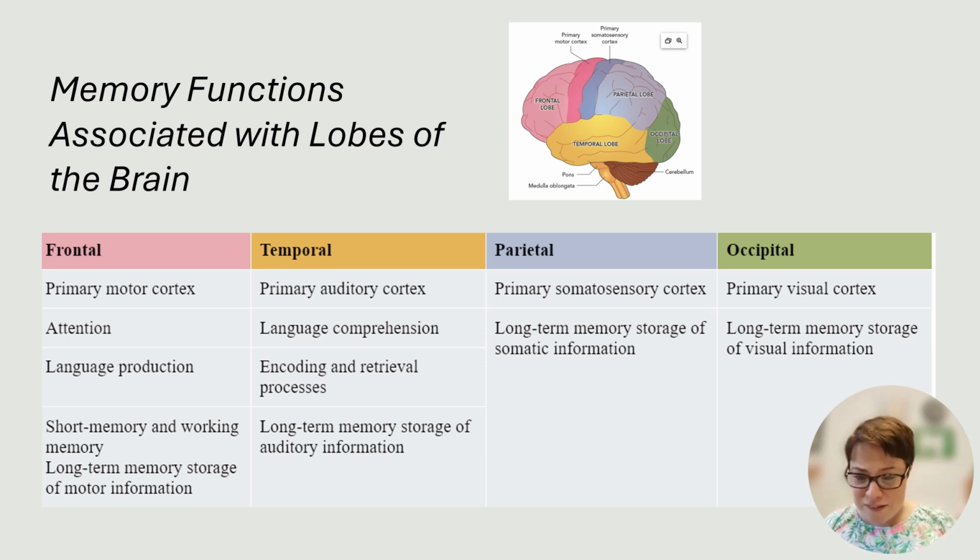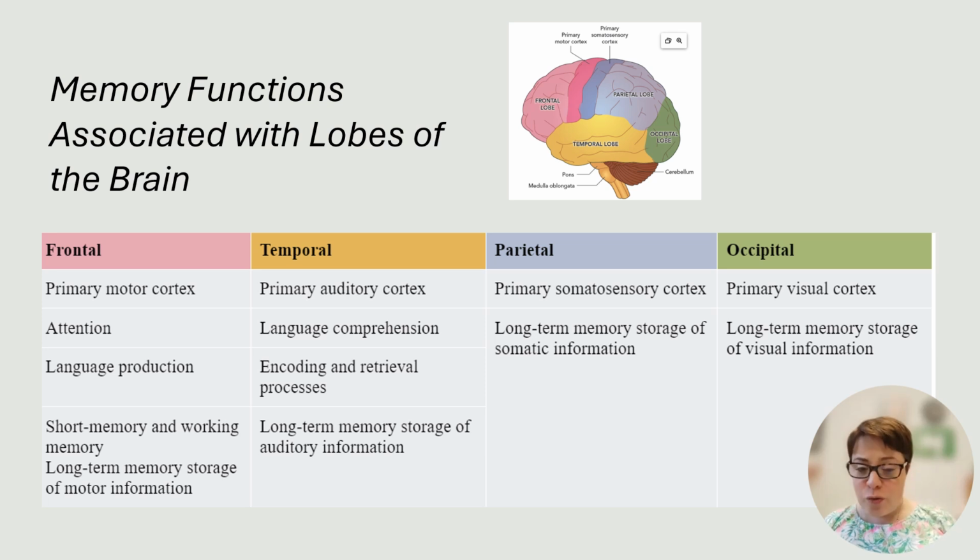Also, processes related to getting information in and out of memory, so encoding and retrieval processes, and also storing long-term memory representations of sounds and music are found in the temporal lobe, along with obviously the hippocampus, which is a critical structure, and the rest of the limbic system, which is in the temporal cortex.